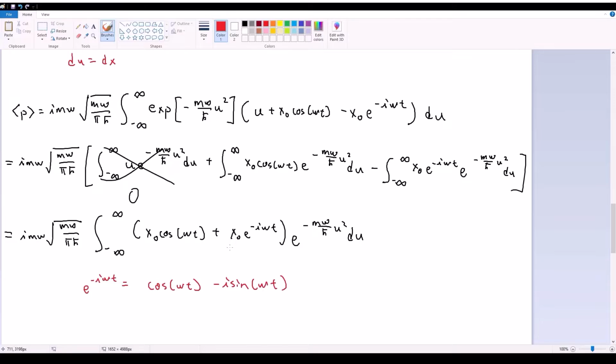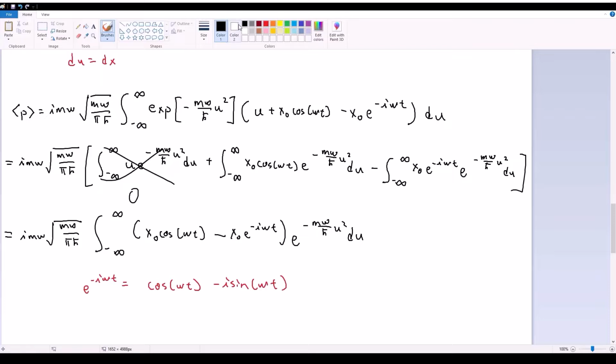So, let's see. That's where I went wrong. Apologies, I didn't carry over the subtraction here. So this is actually supposed to be a minus.